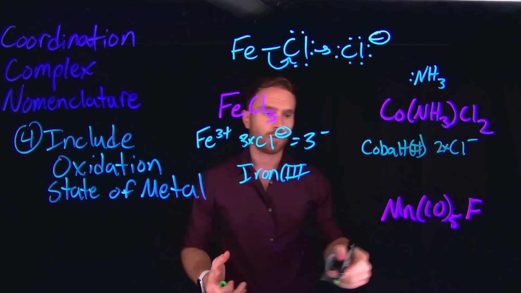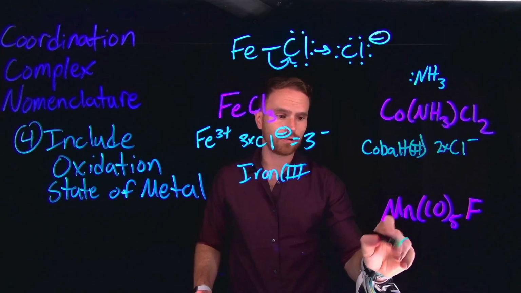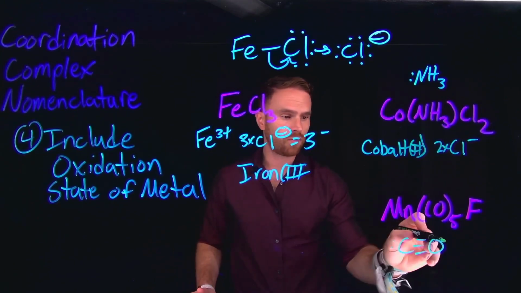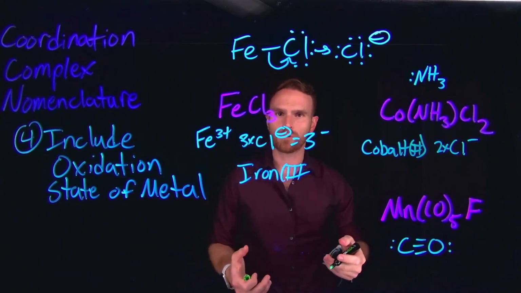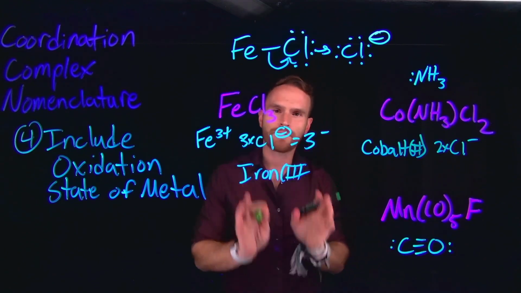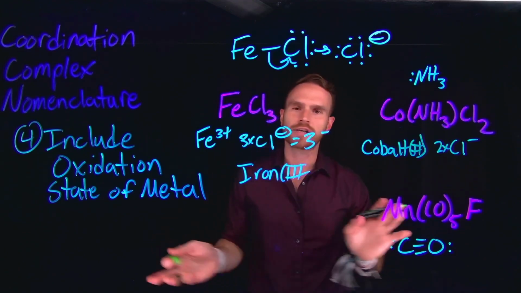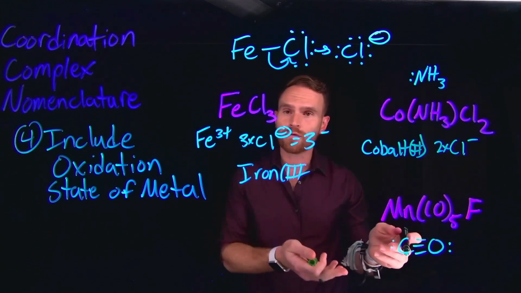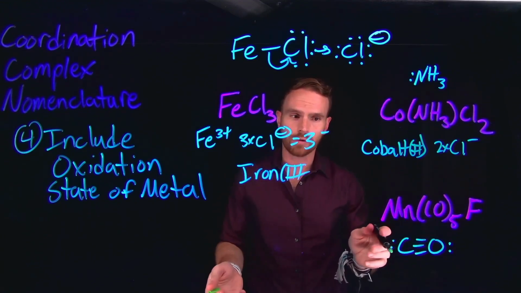Let's do another example. CO is the carbonyl ligand, and it doesn't have any overall charge. If you were to calculate the formal charges, you would find that part of it is partially positive, part of it is partially negative, but formal charges are just a formalism. They don't actually mean anything. Either way, both of those charges balance out, and overall, CO is a neutral molecule.